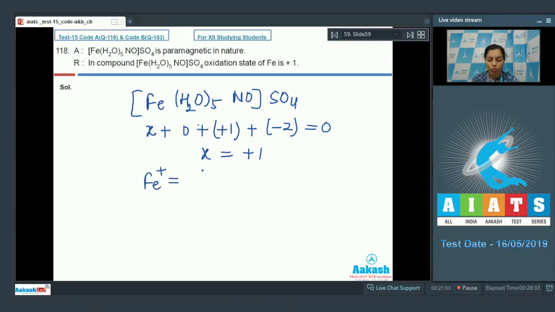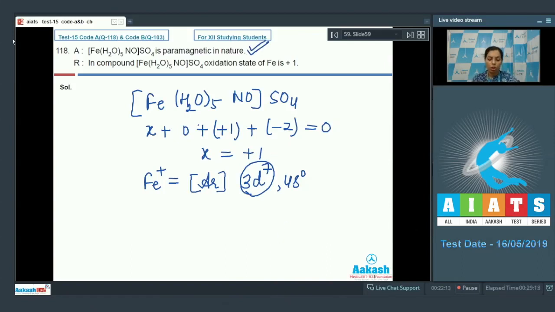Now, what would be the configuration? We know that in case of Fe, the configuration is argon 3d6 4s2, but it is Fe in +1 oxidation state, so it becomes 3d7 4s0, that we can write. And now, if it is 3d7, it means unpaired electrons are present there. And due to the presence of unpaired electron, it is paramagnetic in nature.